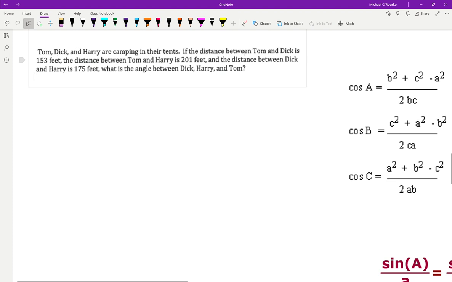If the distance between Tom and Dick is 153, the distance between Tom and Harry is 201, and the distance between Dick and Harry is 175. Okay? Don't worry about this last part here. I want you to draw that diagram for me. That's the first thing I want you to do.